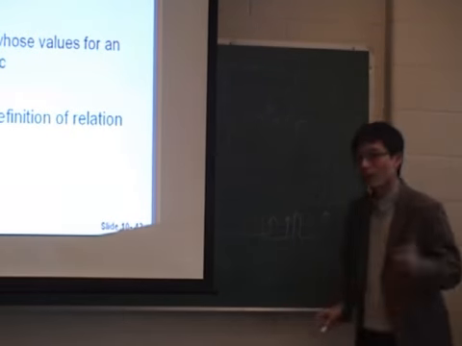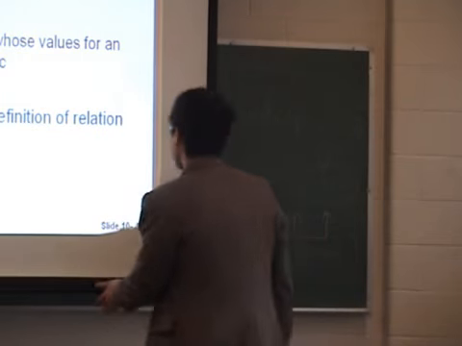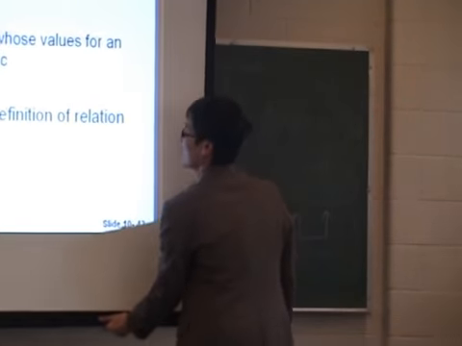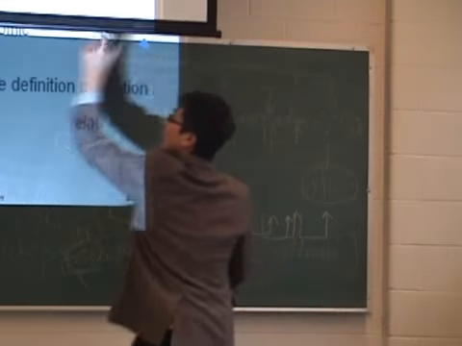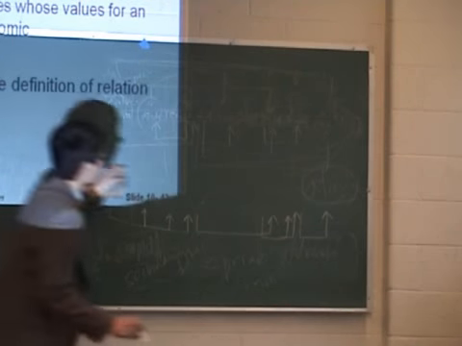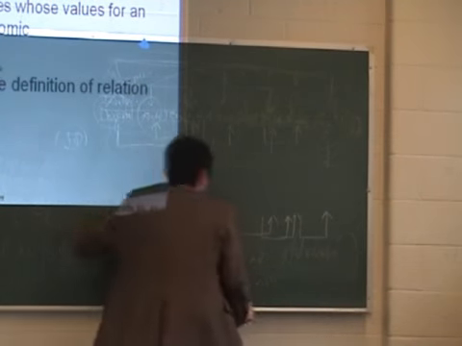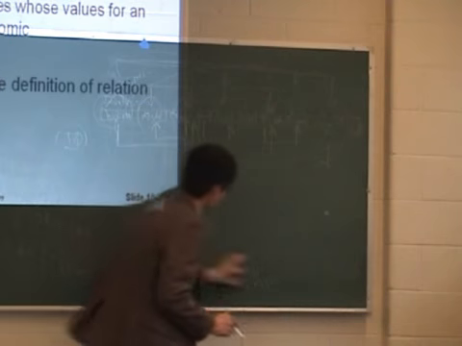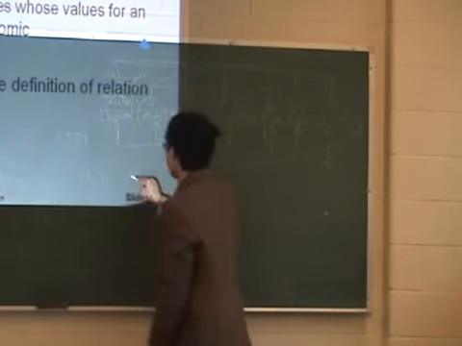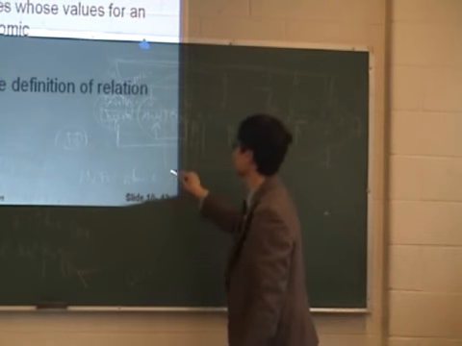So first normal form requires the attributes to be atomic.